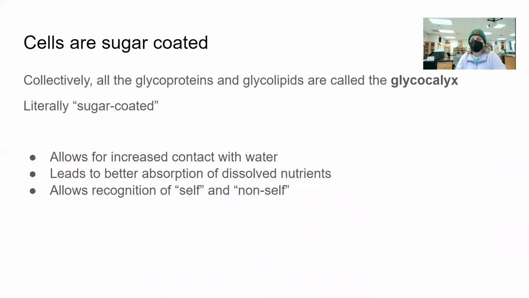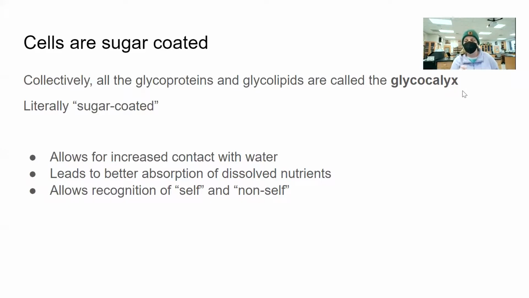So cells are sugar-coated. And when we talk about all the glycolipids and all the glycoproteins on a cell surface, we refer to it as a glycocalyx, which is just fancy science talk that means sugar-coated. As a botanist, this calyx comes up all the time.